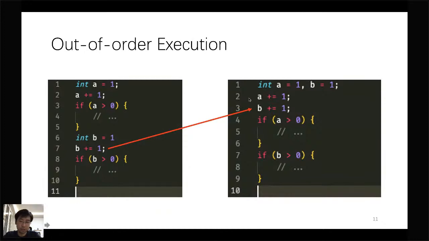For example, in such a case, there is no dependency between variables A and B. So during the real execution, the CPU will insert the change of value B after the change of value A. There is no dependency between these two instructions, so they can just be pipelined. Such technology is called out-of-order execution. This is also prevalent in almost all modern CPUs.